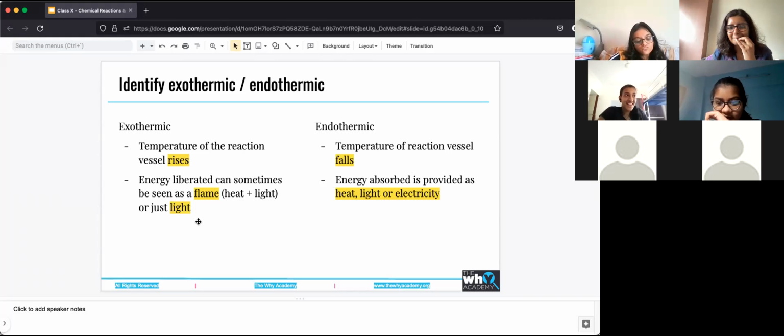Light is like, I don't know, something weird is happening. It's a chemical reaction that's happening. Just like we have all these enzymes and a lot of reactions happening inside our own body, right?